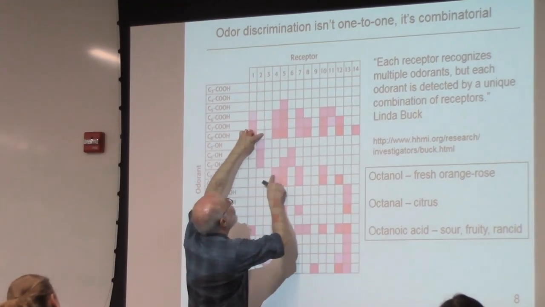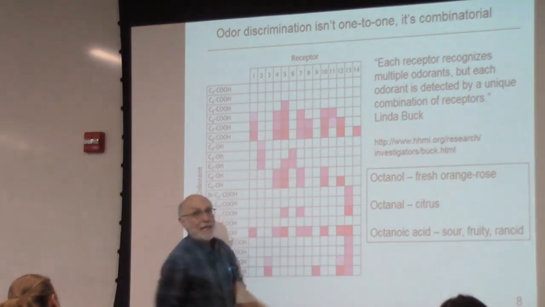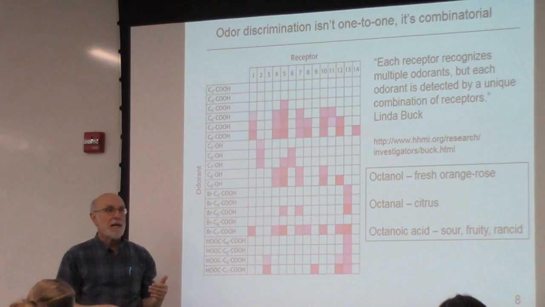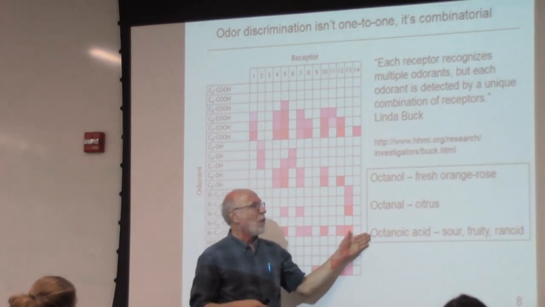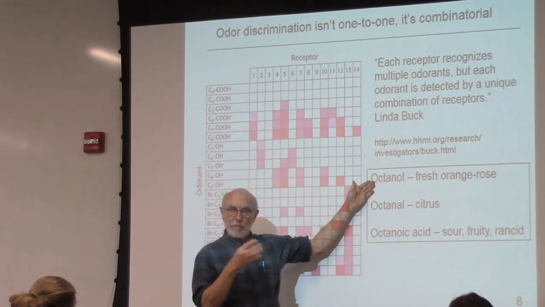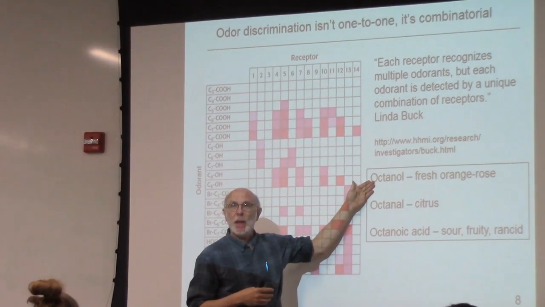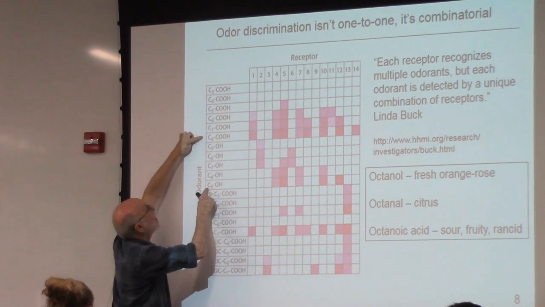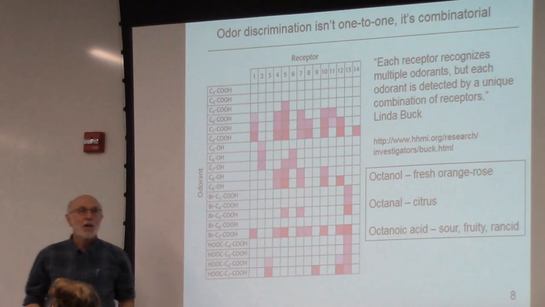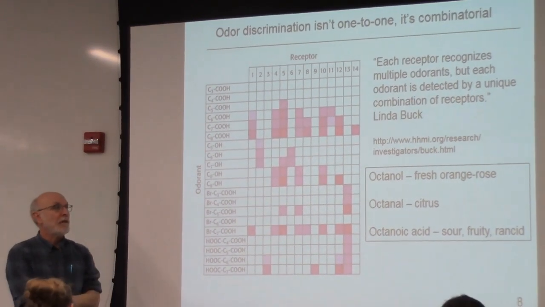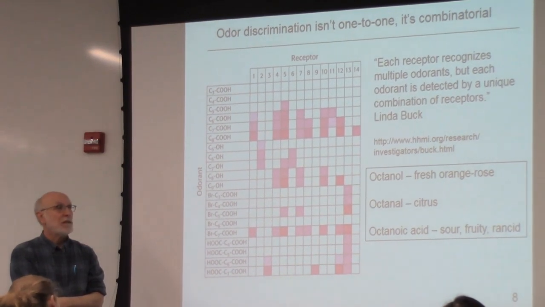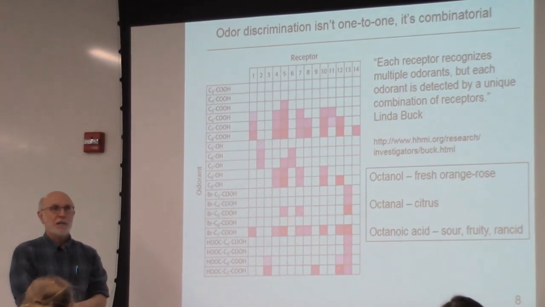It activates an overlapping but slightly different pattern of receptors. And so we can discriminate between a sour, fruity, rancidy smell versus a fresh, citrusy, orangey smell by using these different combinations of receptor activations. So we can turn those 350 different receptors into the ability to discriminate between tens of thousands of odorants because of the combinations.